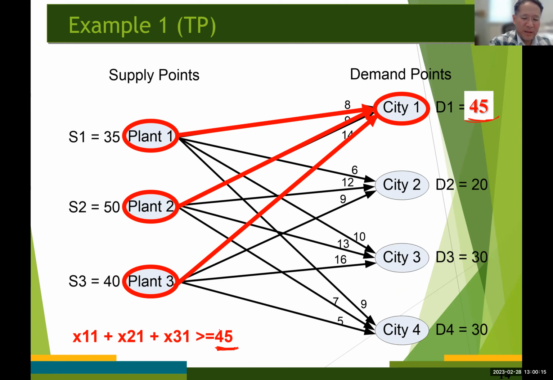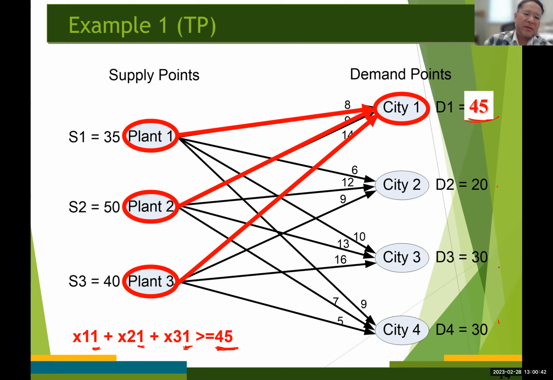Again, in this constraint, this time the second subscript, the value of 1, represents the shipment of power to city number 1. Similarly, we obtain a constraint for each of cities number 2, 3, and 4.